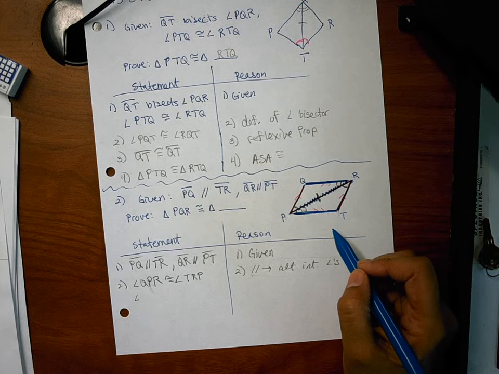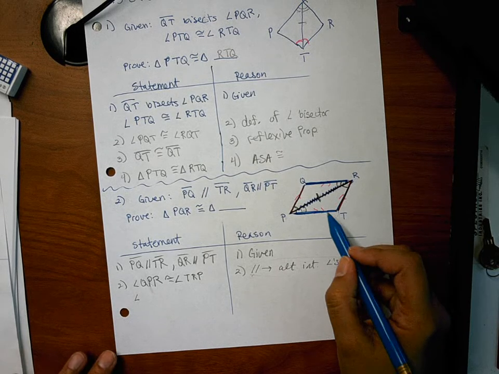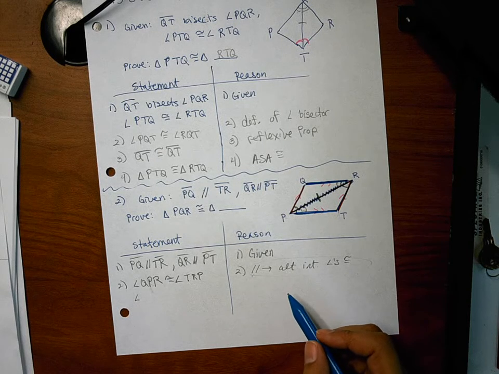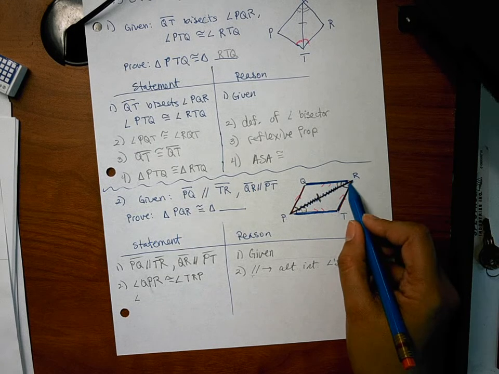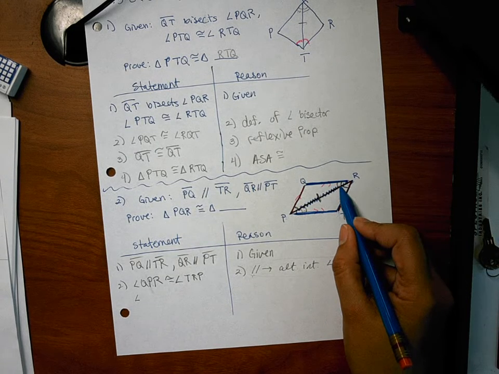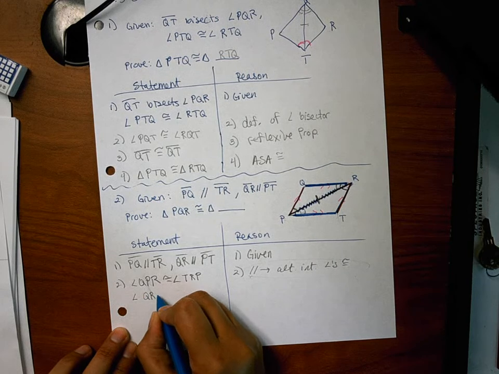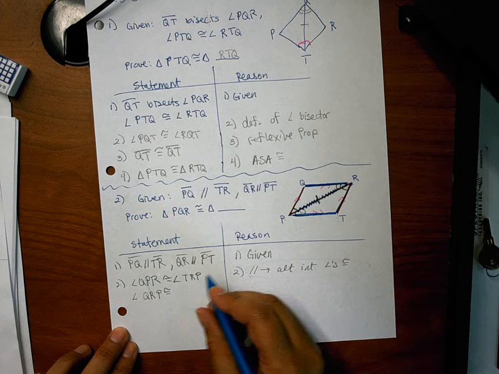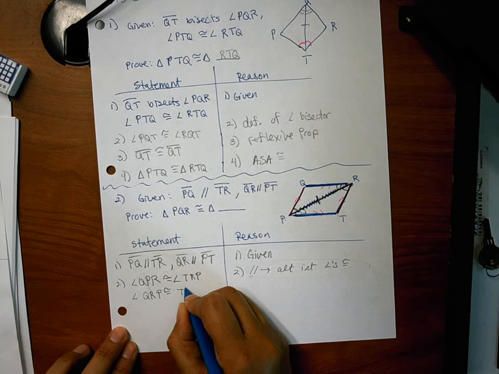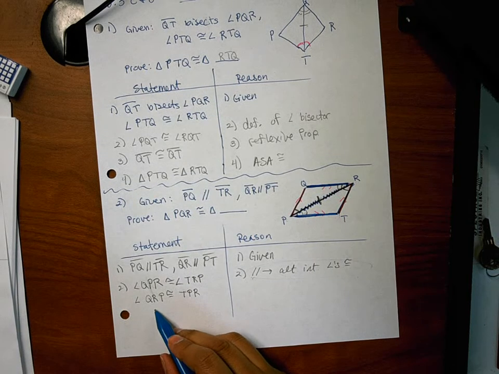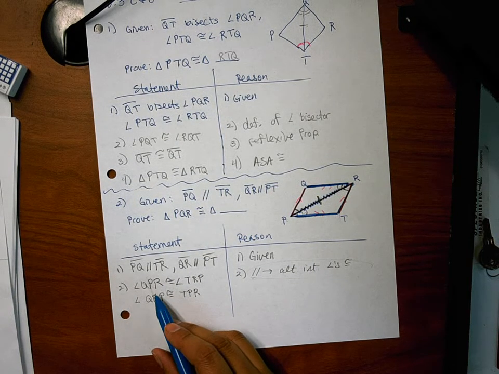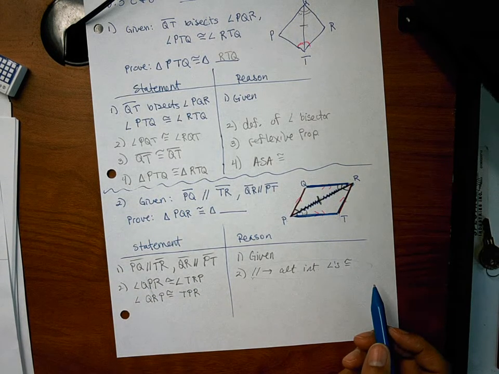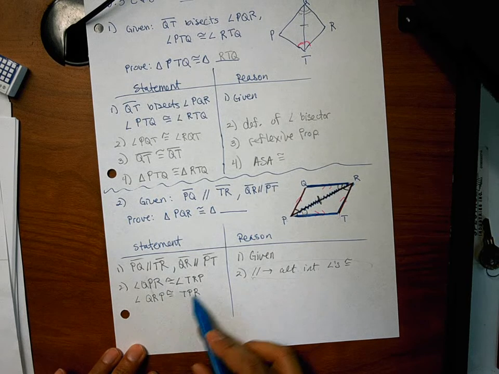So I'm going to say angle QRP, that's this one right up there, is congruent to this double one here, TPR. Angle QRP is congruent to TPR, and the first one was QPR is congruent to angle TRP.